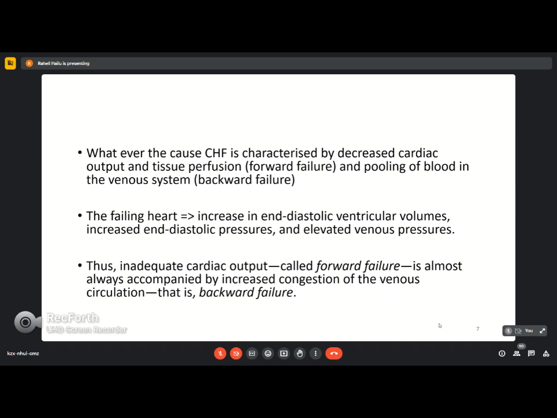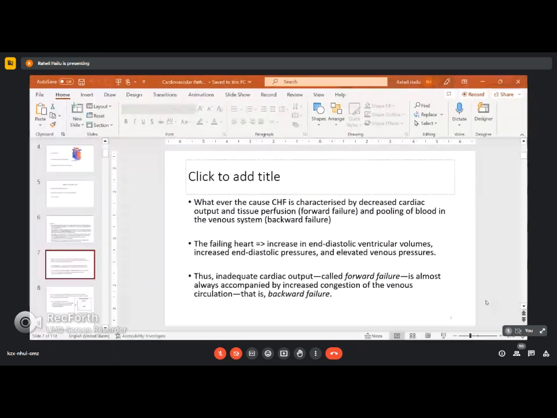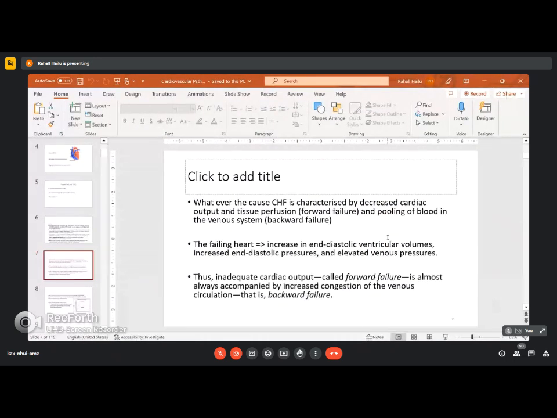So whatever the cause of congestive heart failure, CHF, it is characterized by decreased cardiac output, so the supply decreases, and the tissue perfusion, which is called a forward failure. And of course, pooling of blood in the venous system, which is known as the backward failure. So the failing heart has an increase in the end-diastolic ventricular volume.